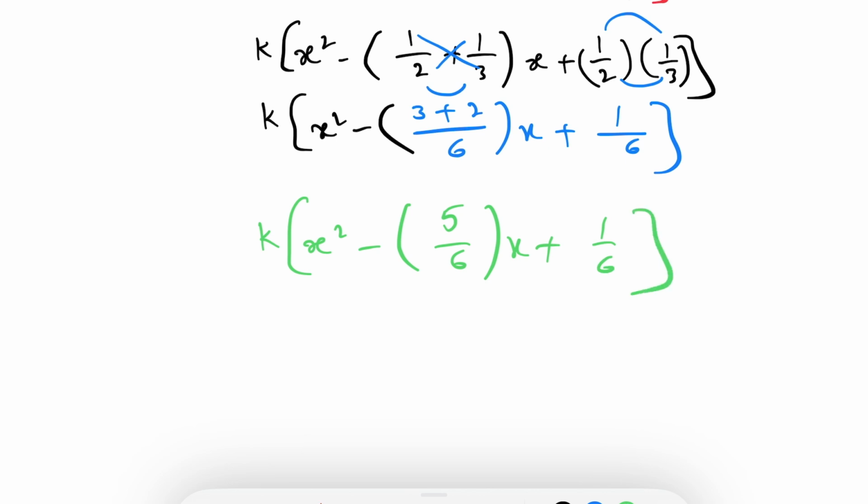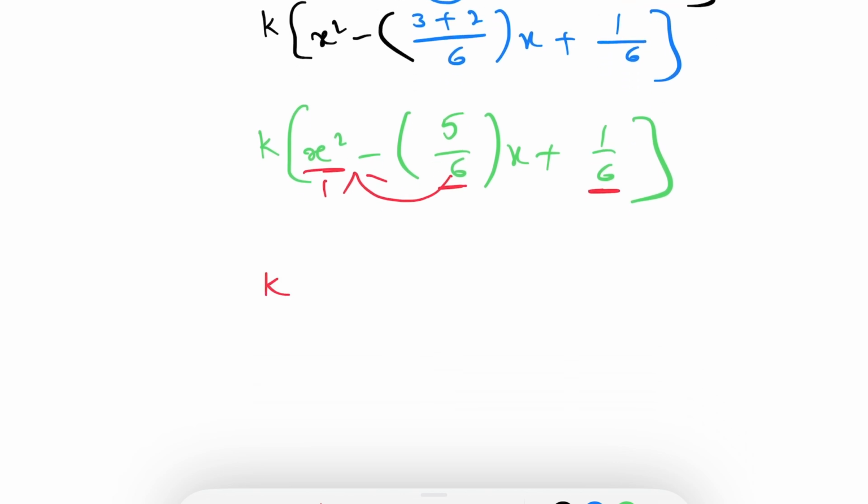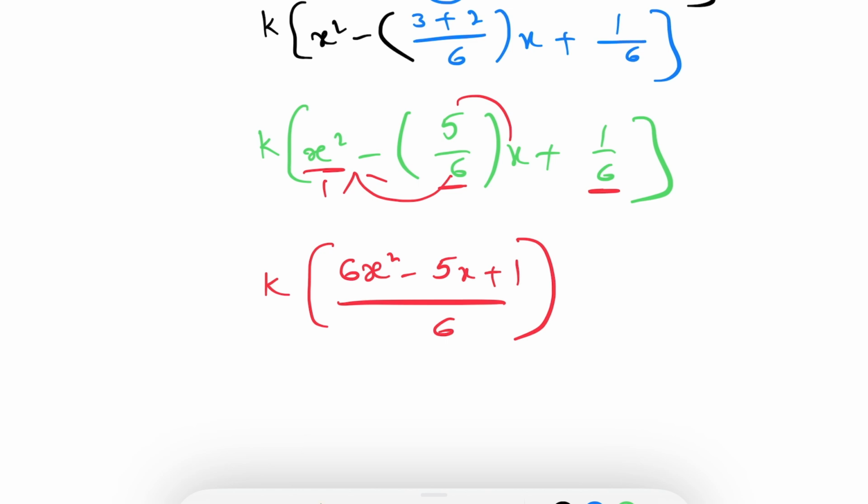Here the denominator is 6, here also the denominator is 6, but in this x square the denominator is not there, so that's why I can write it as 1. So now to make all the denominators 6, I'll multiply this first term with 6. So it will be like now k of x square into 6, it is 6x square minus 5x plus 1 whole divided by 6 now. So to remove this denominator 6, I will take the k value as 6.